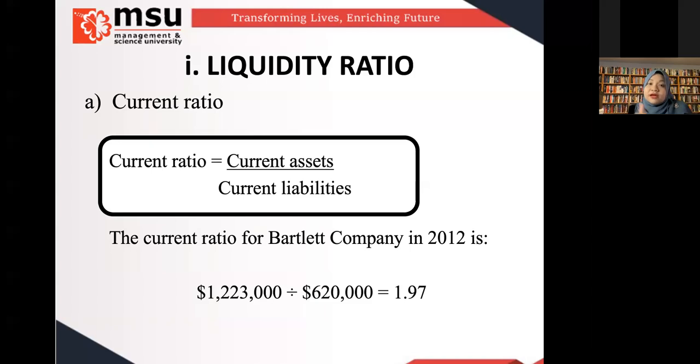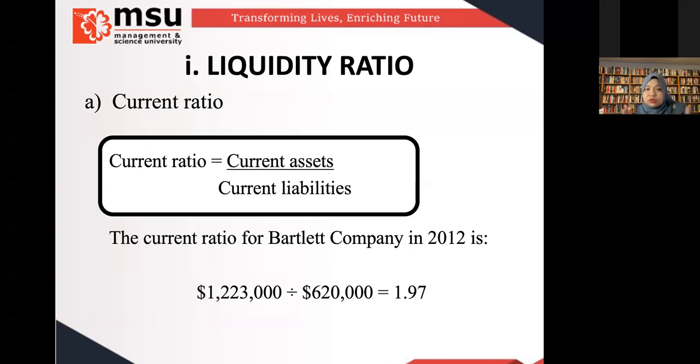So for the liquidity ratio, we want to see the ability of the company to meet their short-term obligation. Therefore, if the number is more than one, it shows that the company is able to pay their short-term obligation. That is the first one.